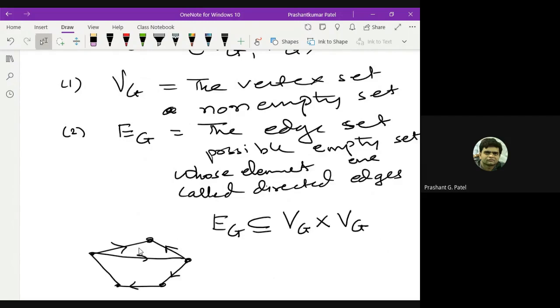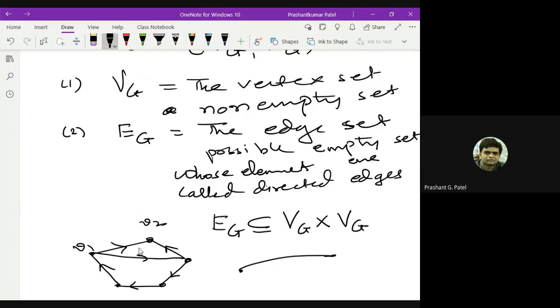So the direction is important. From here to there you can go, but you cannot go back. Like a flight. It may happen that there is a flight from Ahmedabad to London, but from London to Ahmedabad a direct flight may or may not be there. So in that situation, this directed graph is important. So these are examples of a directed graph.